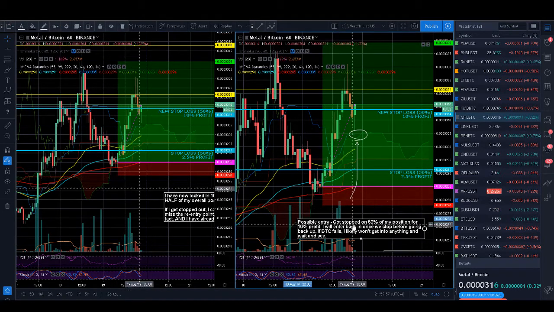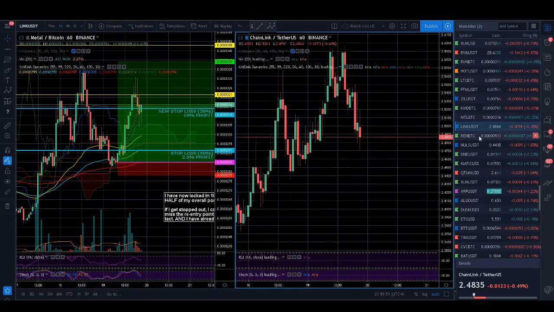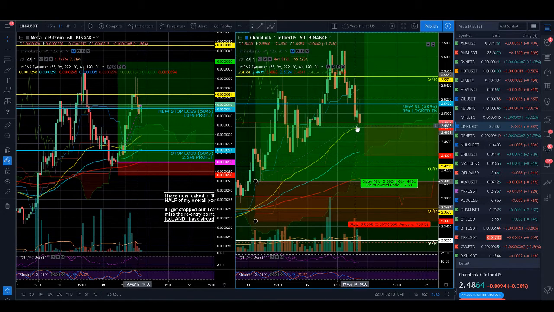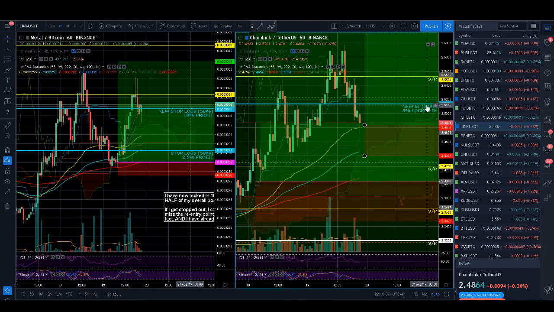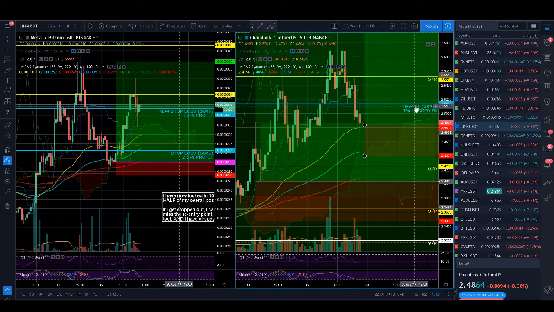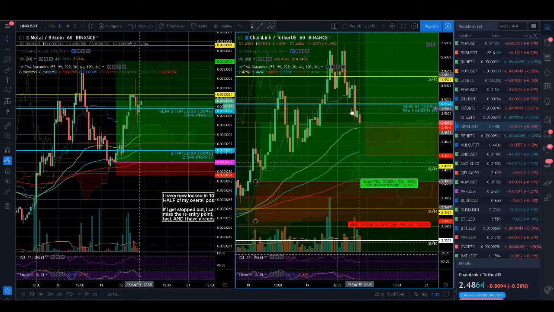And then same thing over here on, let's pick, Link was one. Here, look at all the support. This is where I just re-entered on Link. Same thing. It went all the way up. I moved my stop loss up on 50% of my position. I still have half of my position open, but I moved my stop loss up. It came down. I got stopped out right around here. 5% profit on this portion of my position, and I was able to buy back in lower. So I kind of made money twice.